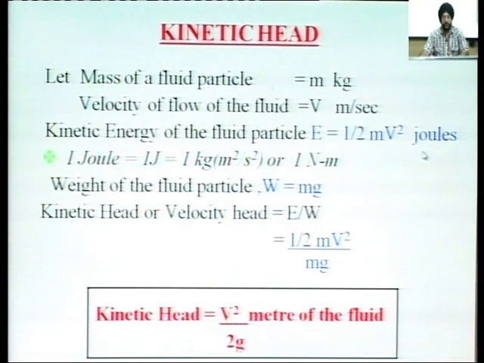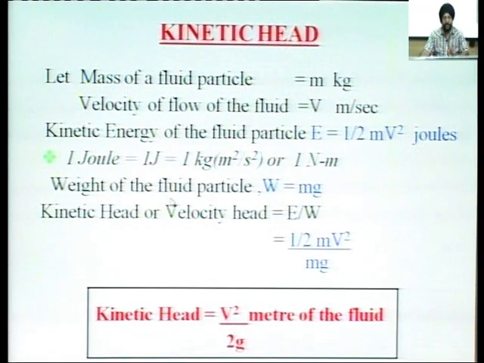So joule is the unit of kinetic energy, half mv square, m for the mass and v for the velocity. And this 1 joule is equal to 1 kg meter square upon second square or 1 Newton meter. So 1 joule is equal to 1 Newton meter.